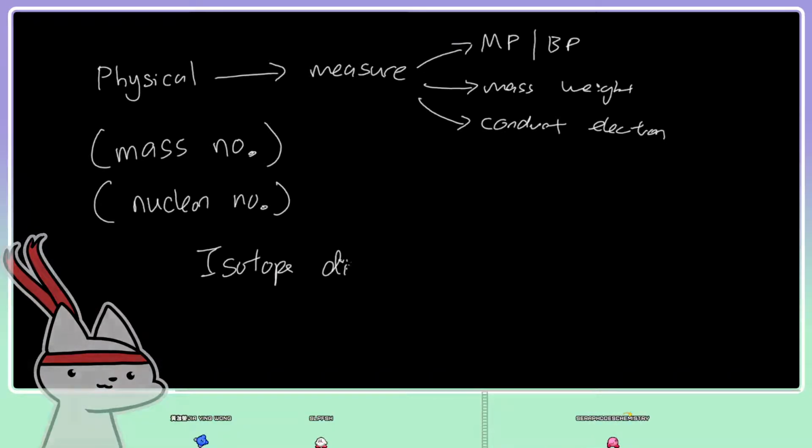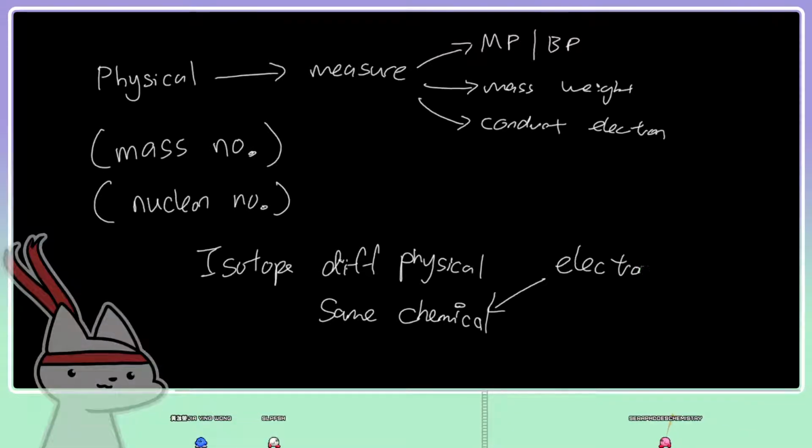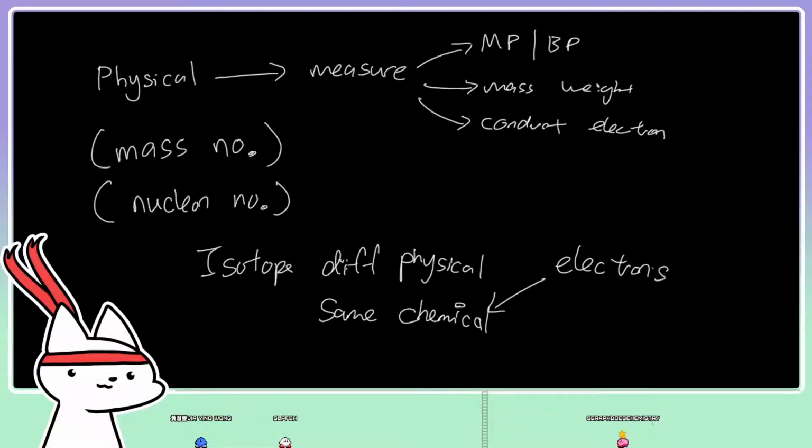So isotopes will have different physical properties, but the same chemical properties. The reason is that chemical properties depend on electrons. In isotopes, electrons are not changed, protons are not changed, only the neutrons change.